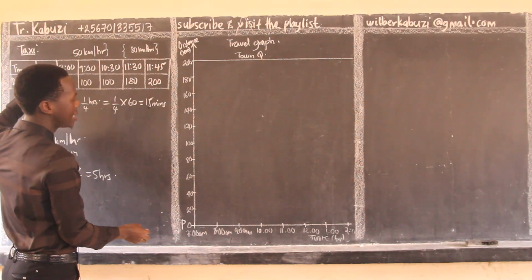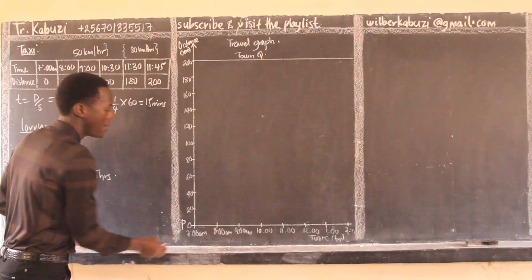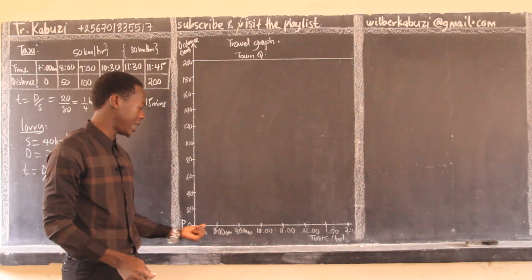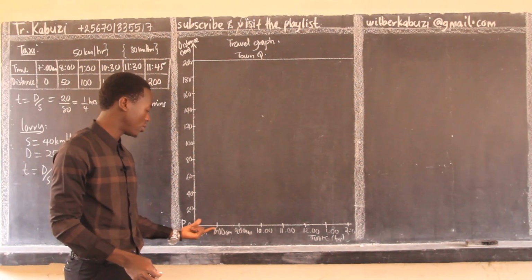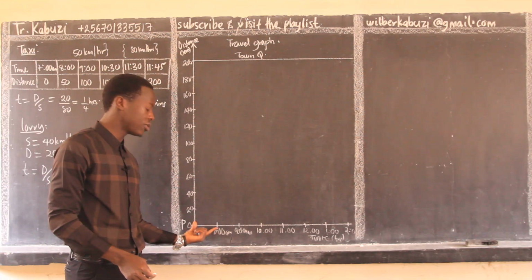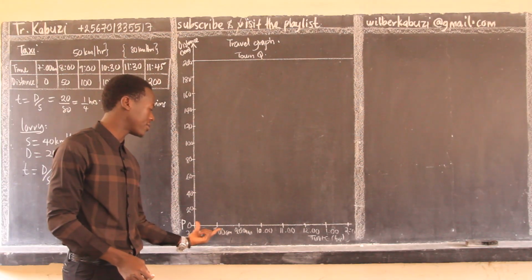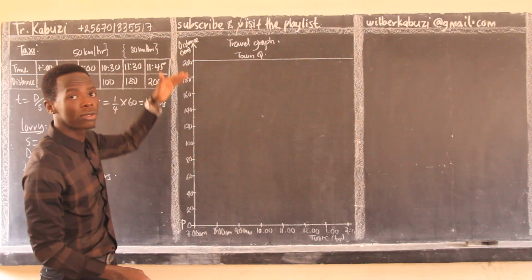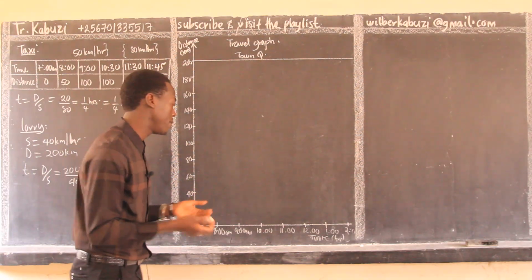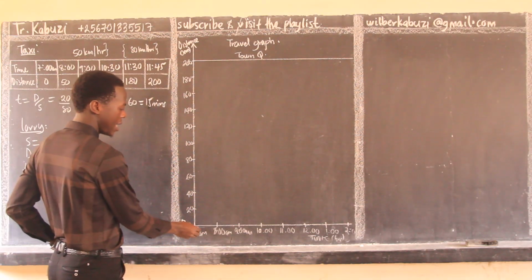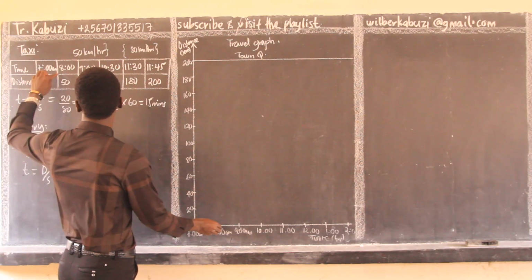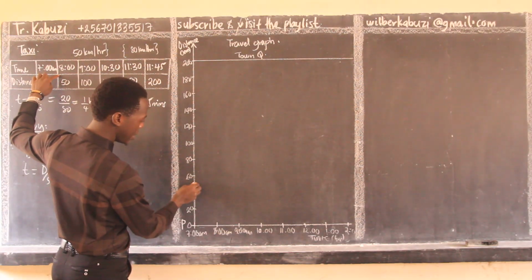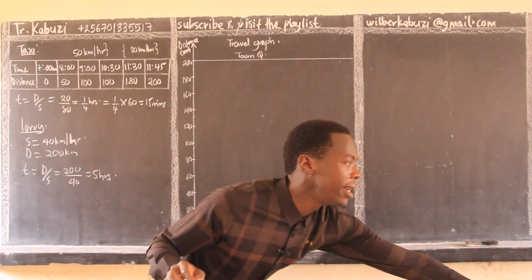Then I come at 8:50. Remember my graph, I'm using 2 small squares, 2 centimeters, and here I also use the 2. If you have your graph, it will be very okay. So 7 there, then I come to 8. It was at 50, so 50 is somewhere there. I need a ruler.